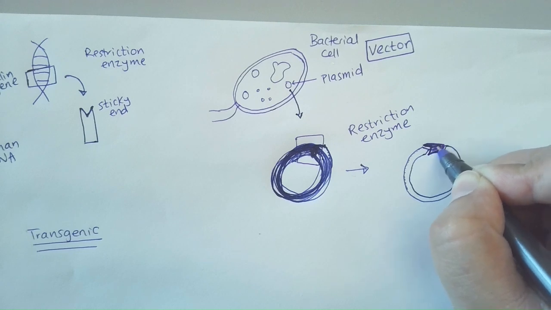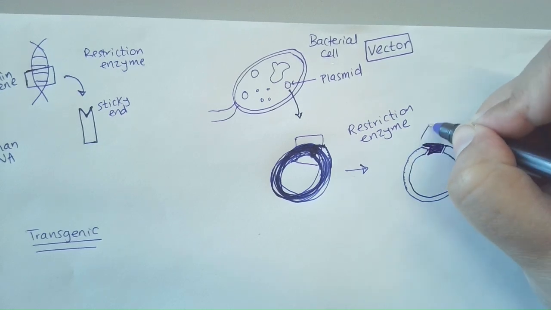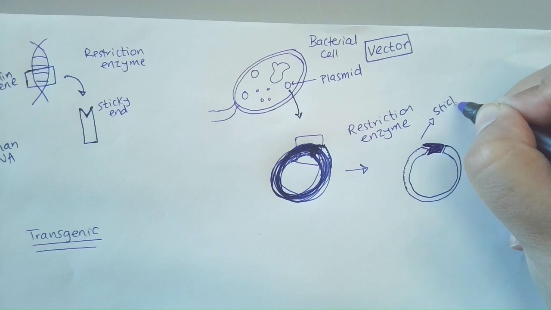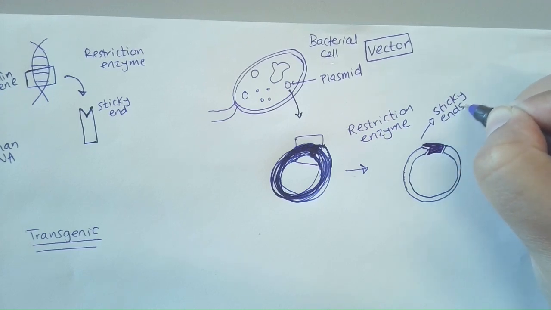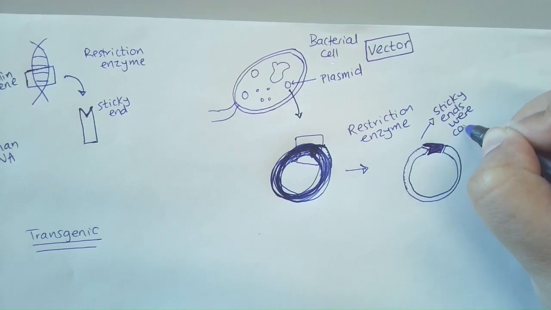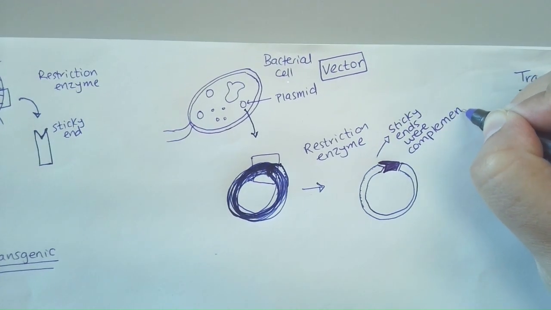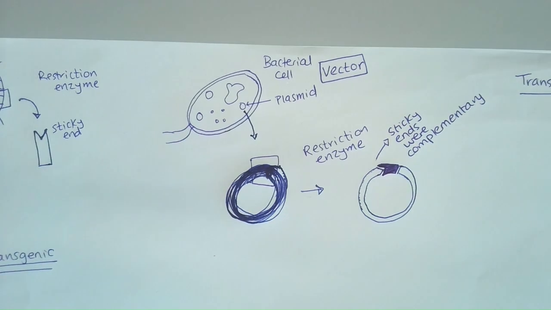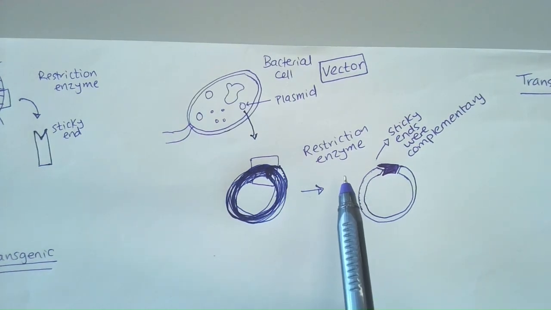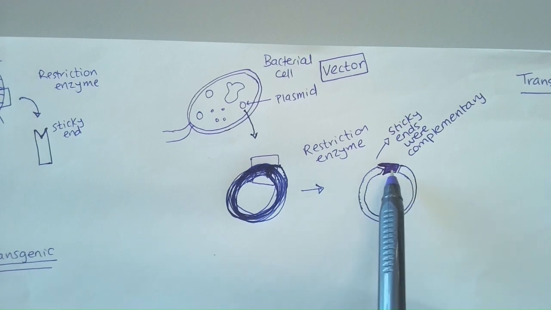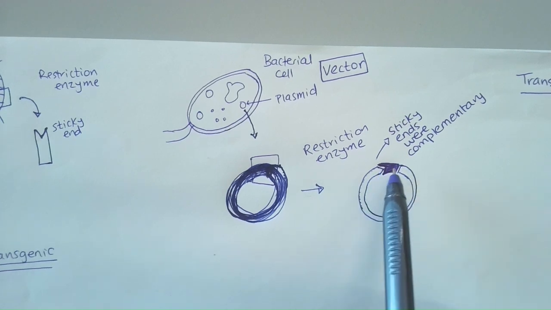That is because the sticky ends were complementary. Now, just like we used an enzyme to cut it out, almost like chemical scissors, we need an enzyme to join these two together. They're not just going to stick together by themselves.